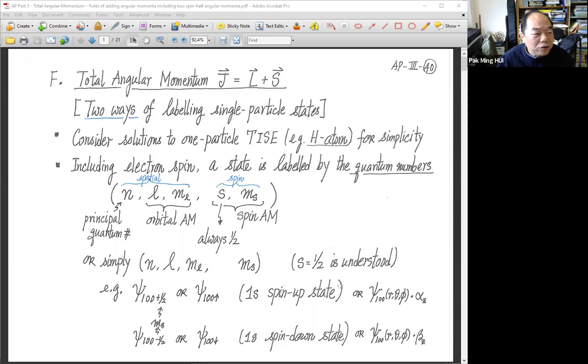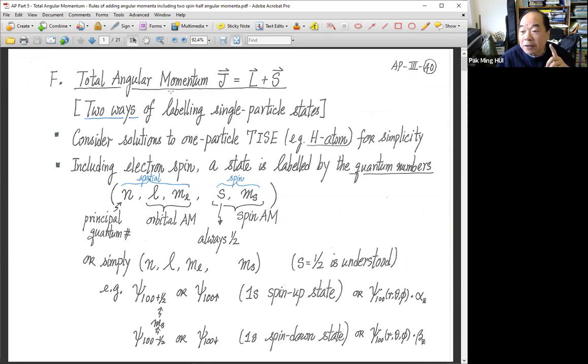We are only restricted to these two quantities. However, as motivated in today's lecture, we need to consider adding up the orbital angular momentum of the electron in the hydrogen and its own spin angular momentum. So we are motivated to study something called total angular momentum.